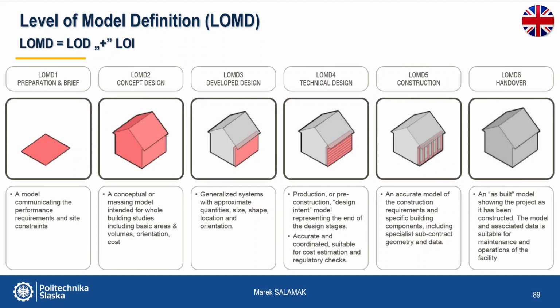Since in the British standard the level of detail of the graphic LOD may be independent of the level of detail of information LOI, the concept of level of model definition, LOMD, has been introduced. Of course, it is not an algebraic sum of both levels, but rather a joint representation of both kinds of information.